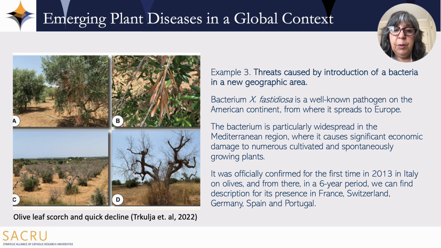In the case of Europe, this bacterium was widespread in the Mediterranean region, where it's causing significant damage to numerous cultivated and spontaneously growing plants. Specifically, the description of this bacteria in Italy has been related to what is called olive leaf scorch, that you can see in the pictures on the left side.